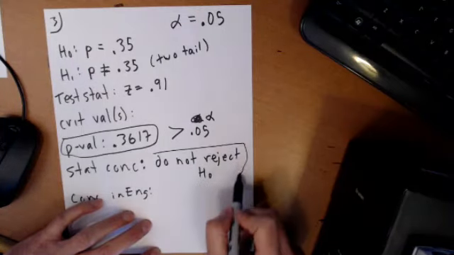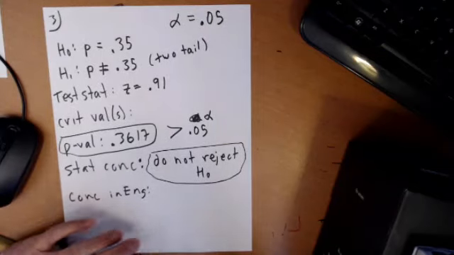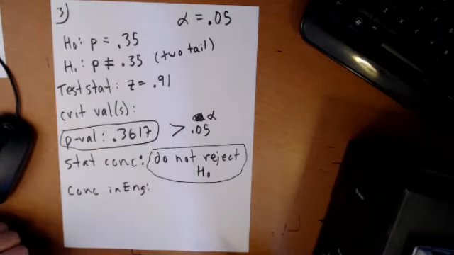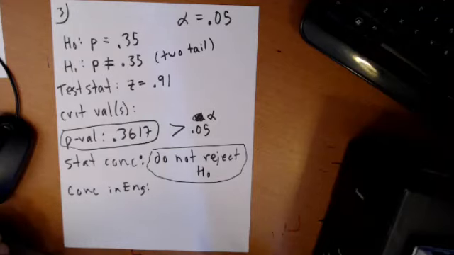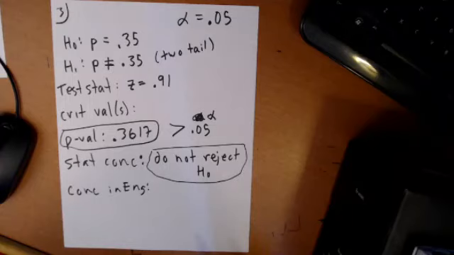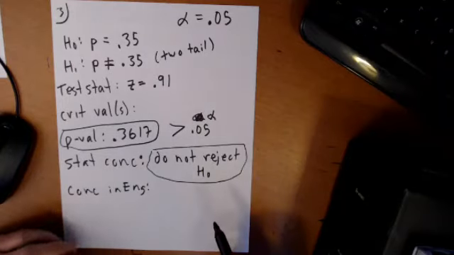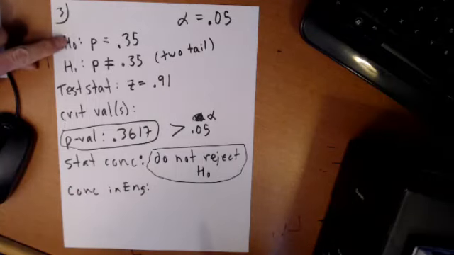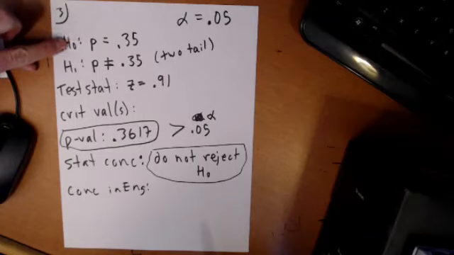We're being very careful with our words, folks. I'm going to talk more about this later, but notice we accept nothing. We either reject or we do not reject. It's kind of like in a court of law. Technically, no one is found innocent. You're either found guilty or not guilty. So either we reject H0 or we do not reject H0. If you do not reject H0, I don't want to say you're accepting it, but we're kind of stuck with it.